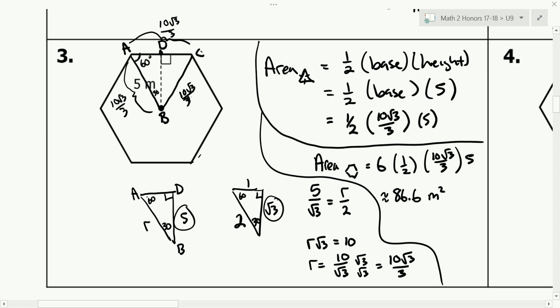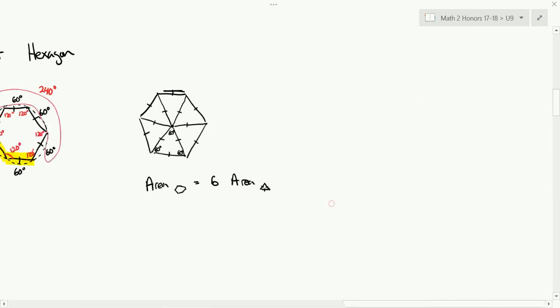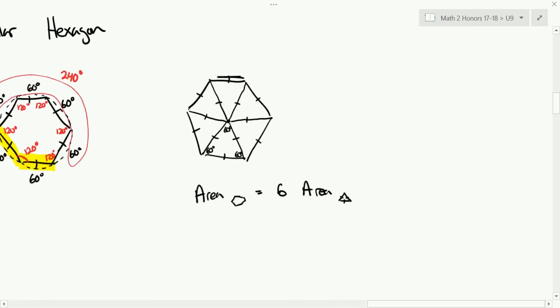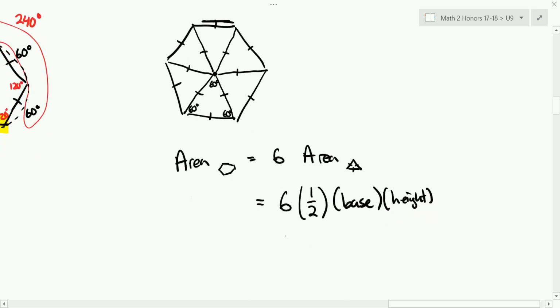So if we want, we can go back to what we were drawing out here and make another connection. So we found that this is 6 times the area of a triangle, but we found that the area of the triangle is 1/2 the base times the height of that triangle. And what did we say the base was equal to?